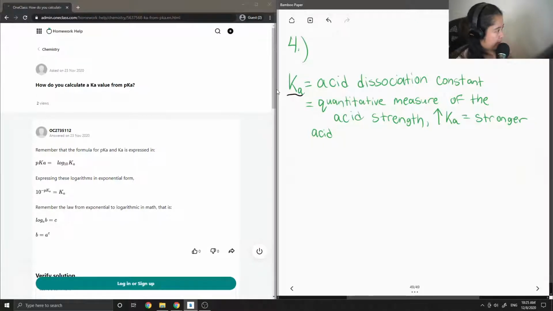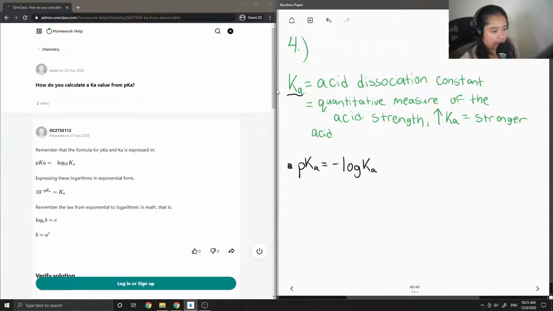Okay, so to calculate a Ka value from pKa, let's recall the formula to calculate for pKa, which is the negative log of your Ka value.